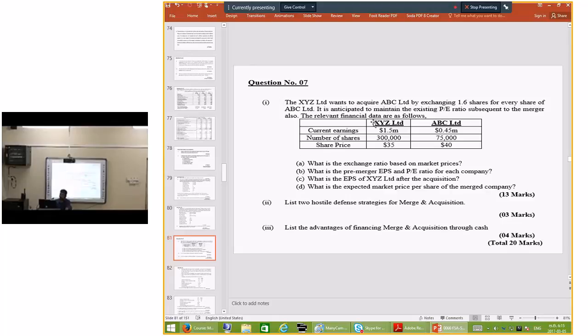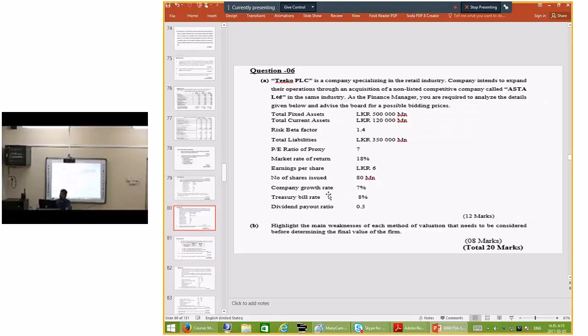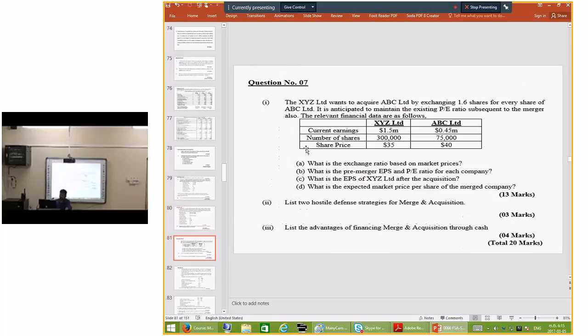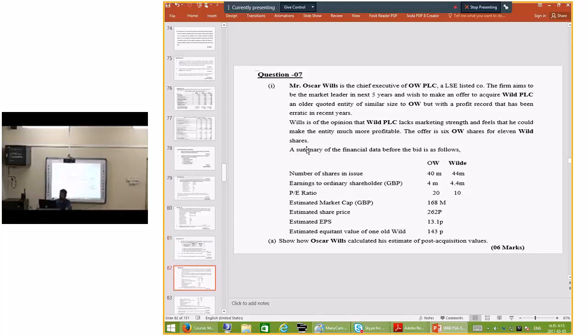and this is regarding mergers and acquisitions. Most probably you can see at least two questions from this area, business valuation and mergers and acquisitions, right?